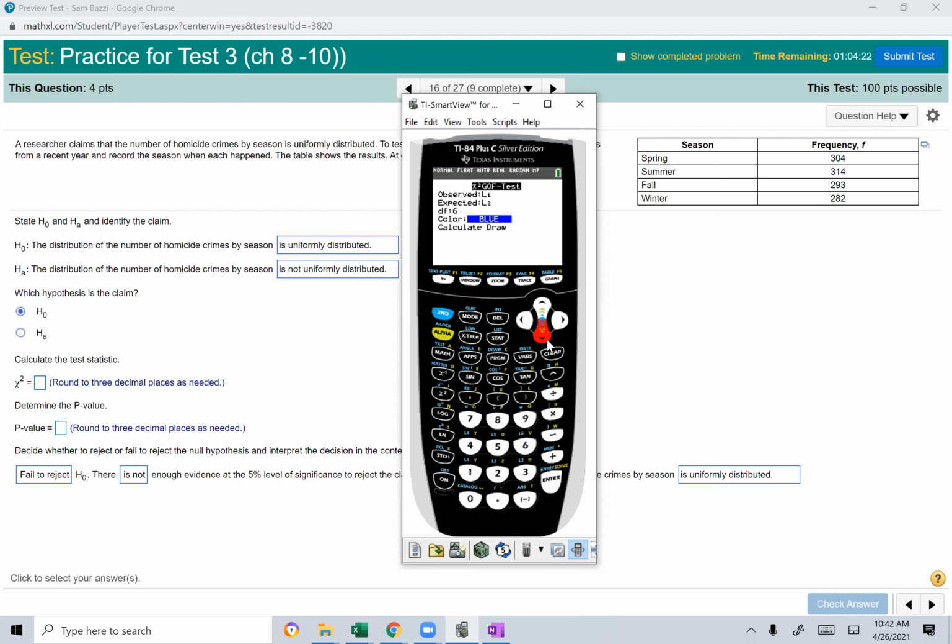What are the degrees of freedom here? You can put it in the chat. It's the number of categories minus 1, which is 3. Yep. It is 3.